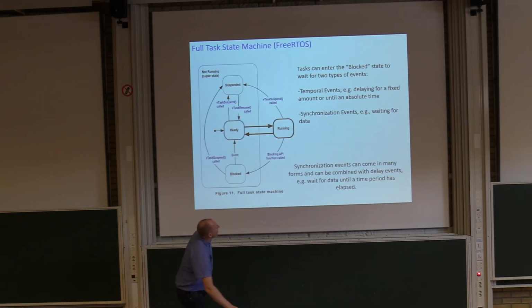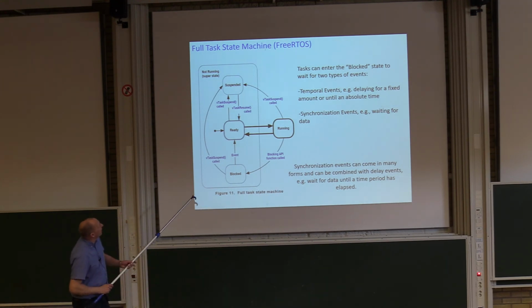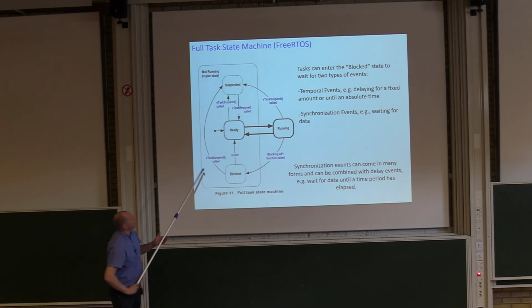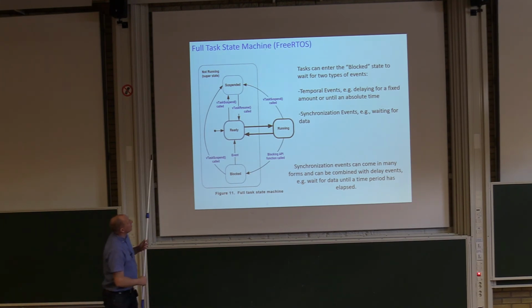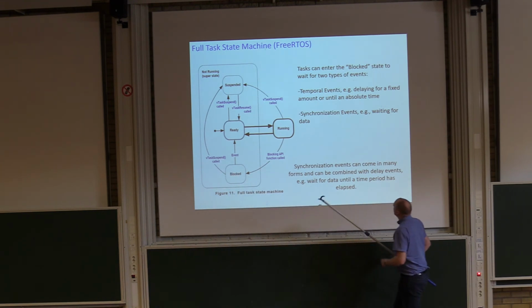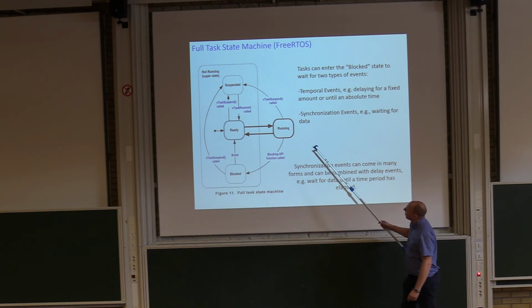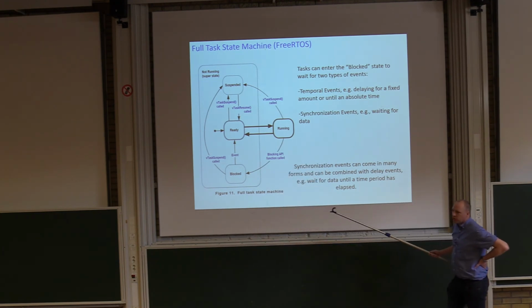I think we can go to the state machine here. So this is the state machine as the states are defined in FreeRTOS. And basically, when you're blocked here, there are two primary reasons why you're blocked.